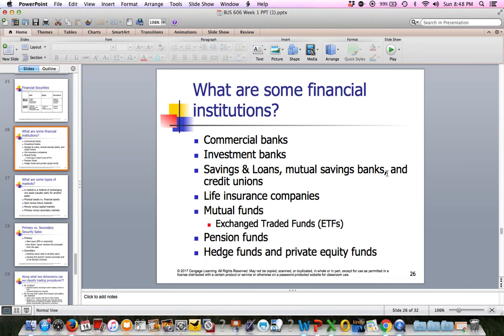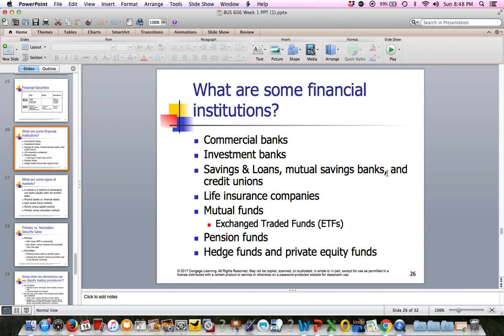But the investment banks are really working more with corporations and bigger businesses, and they're helping them issue stocks and bonds. That's mostly what they're doing. Savings and loans, mutual savings banks and credit unions are very similar to commercial banks in what they do. Life insurance companies, where I used to work: people pay their premiums, so life insurance companies have a lot of cash coming in.